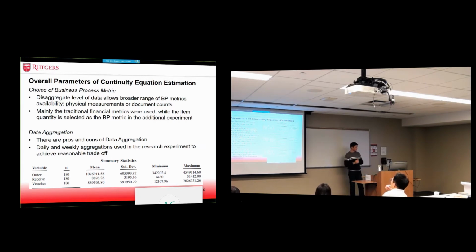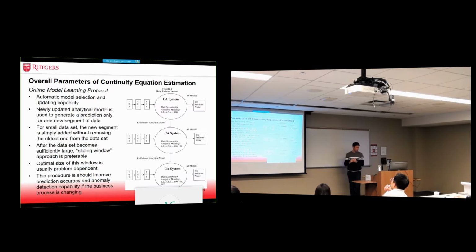Overall, regarding the parameters of continuity equation estimation, there were 4 models used, and for each model, what they use is an online model learning protocol. In this, they use several segments of data to train the algorithm or the equation.